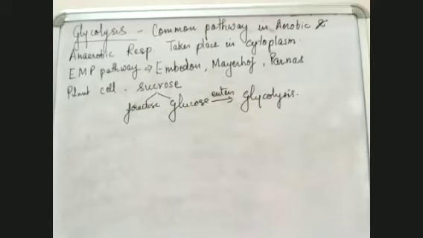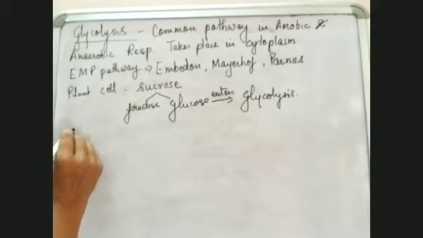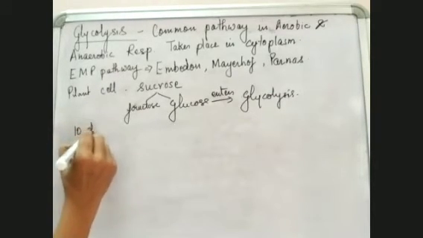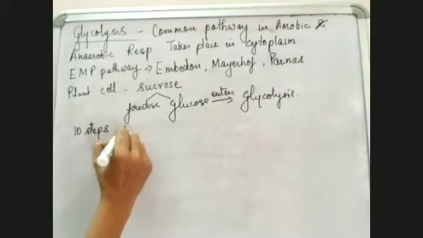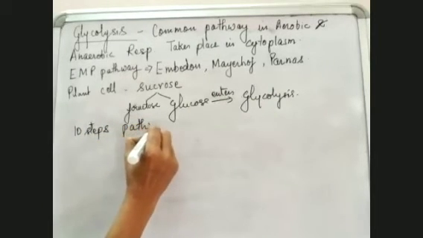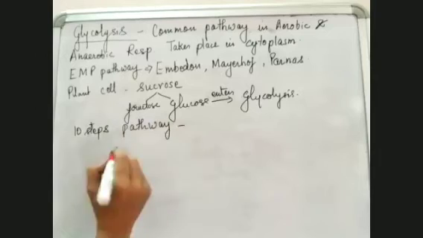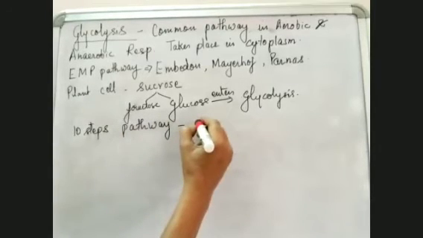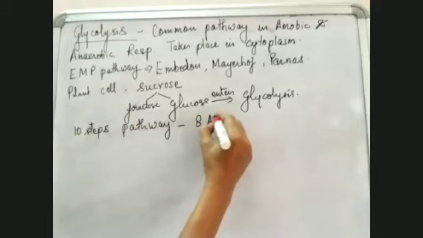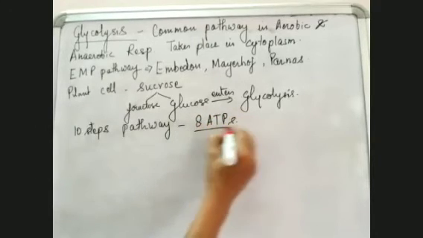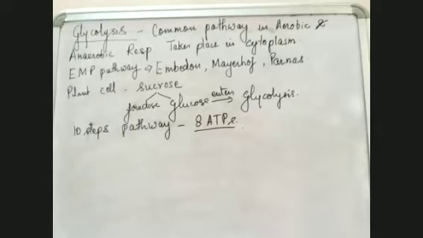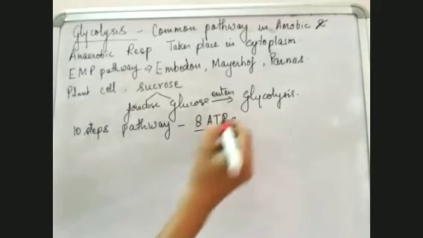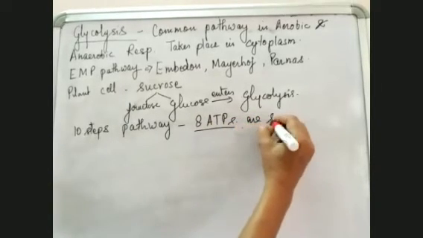So this is how the process of glycolysis takes place. It is almost a 10-step pathway, and ultimately results in the formation of some ATPs.